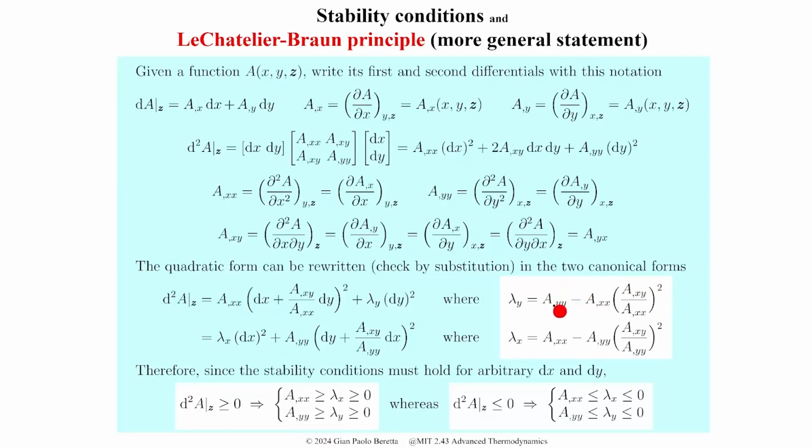So if from A you subtract something positive, it means that lambda is smaller than AYY. Okay? All right, so this is the mathematics that stands behind the LeChatelier-Braun principle that we're going to do in a second. Of course, you can do exactly the same that I've done here for positive semi-definite. You can also do it for negative semi-definite.